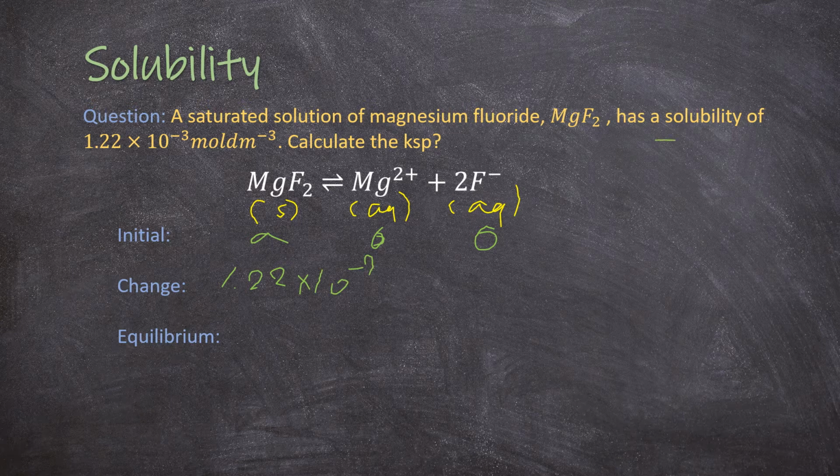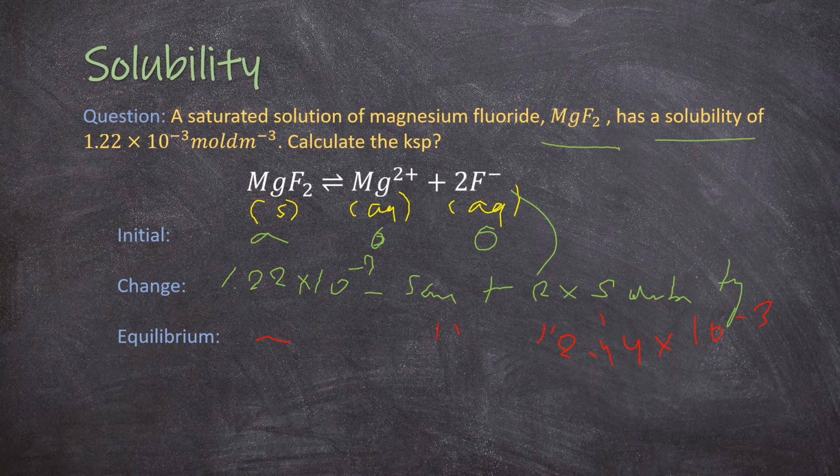Because this is the solubility, so for Mg2+ it will be the same, and for F- it will be two times this solubility, which is 2.44 times 10 to the power minus 3. And this is the equilibrium row.